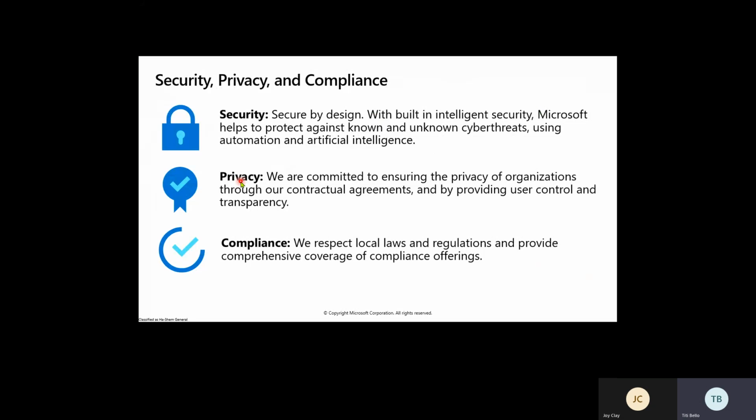Then when we talk about digital security, we're talking about other security solutions or tools in terms of cyber security and other things. So Microsoft protects against known and unknown cyber threats using built-in intelligent automation and artificial intelligence.